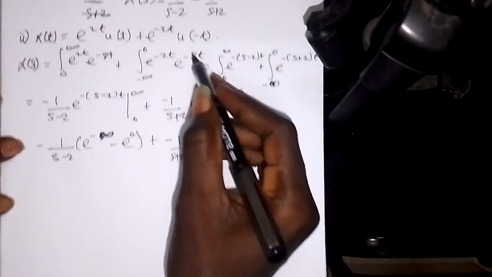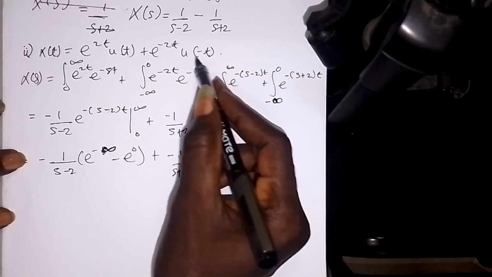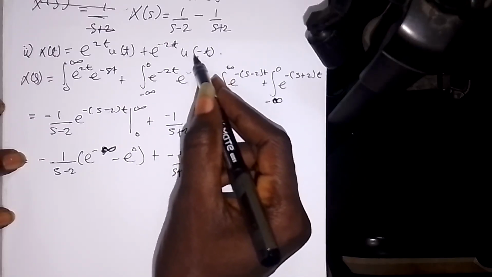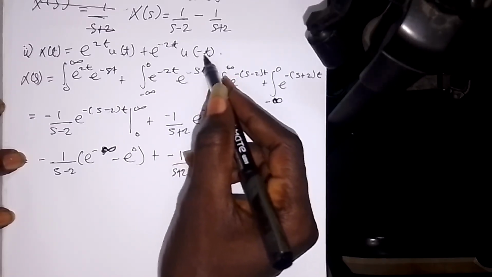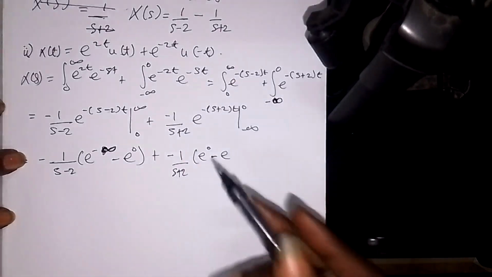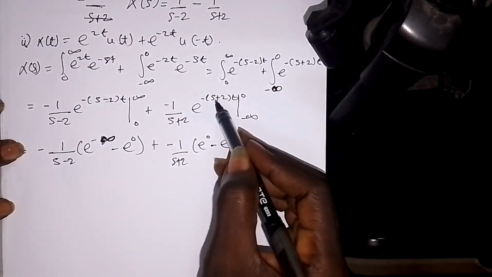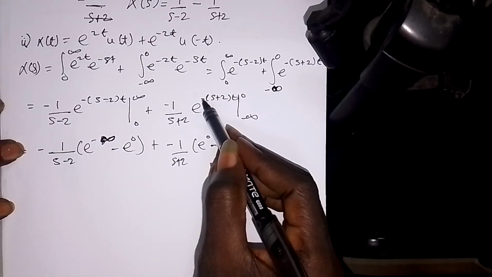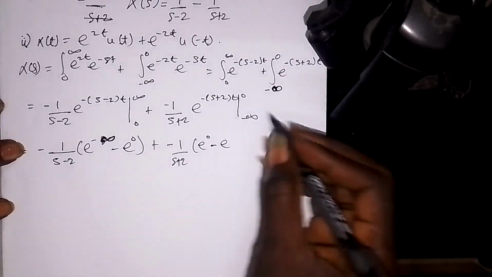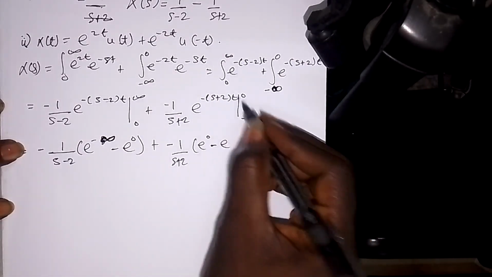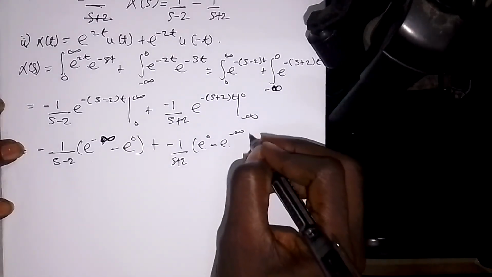This s plus 2 is in the portion of the x-axis where u of minus t, the time reversal, is in the negative region. So my s plus 2 here will be negative, and t is also negative infinity. Three negatives give a negative, so negative infinity. This is what I'll get.